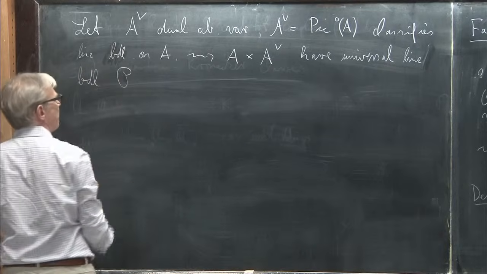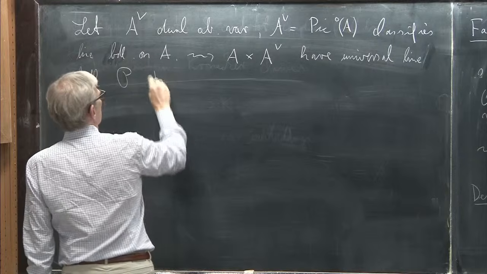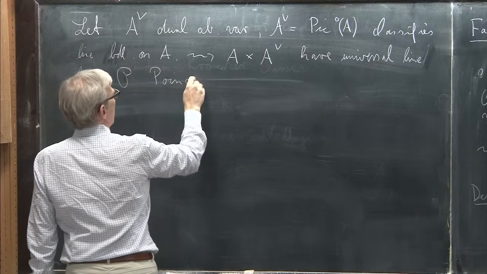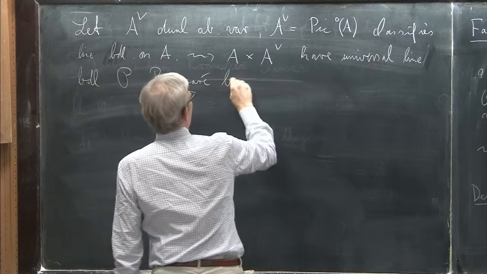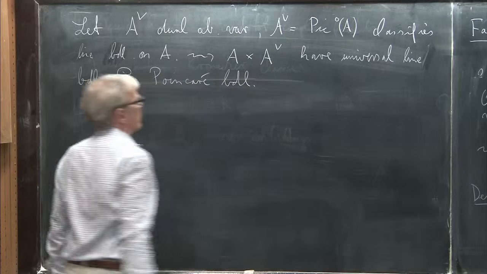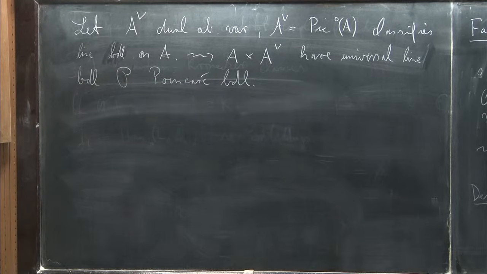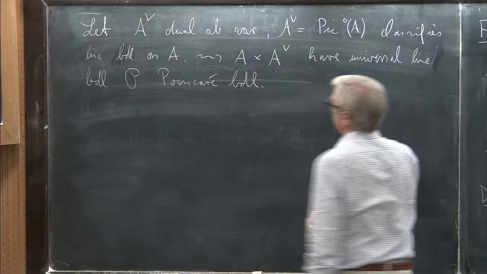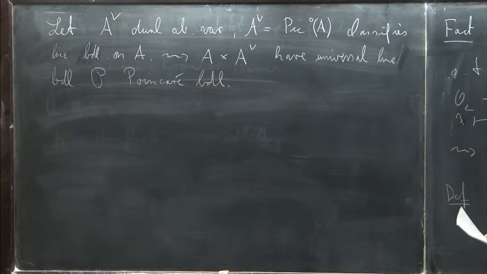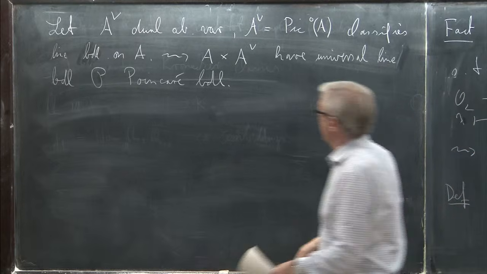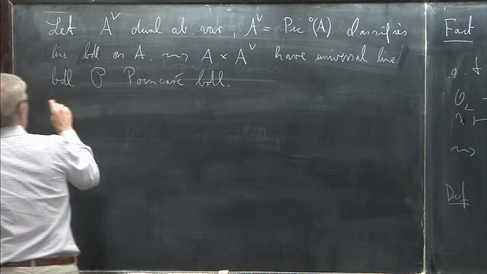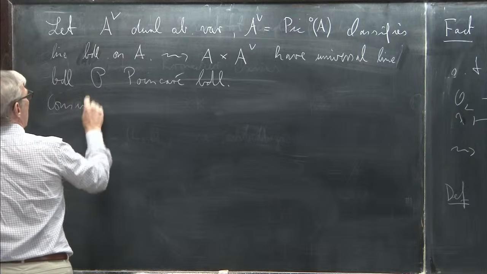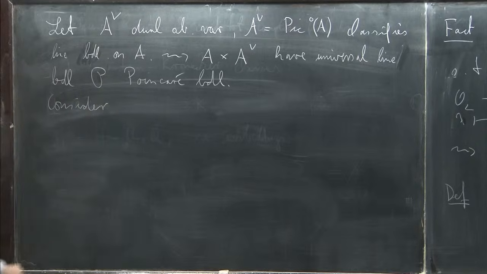And that's called the Poincaré bundle. And I denote it by P. So this Poincaré bundle will play now a major role here. We consider now the completion of that bundle.